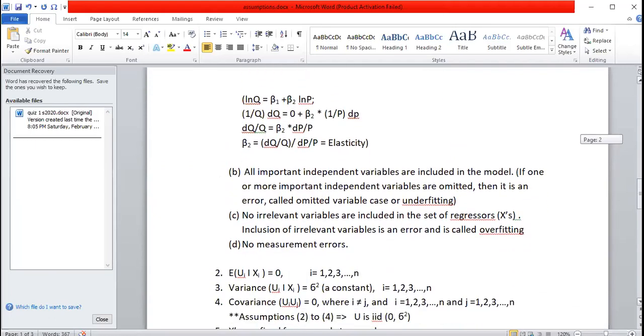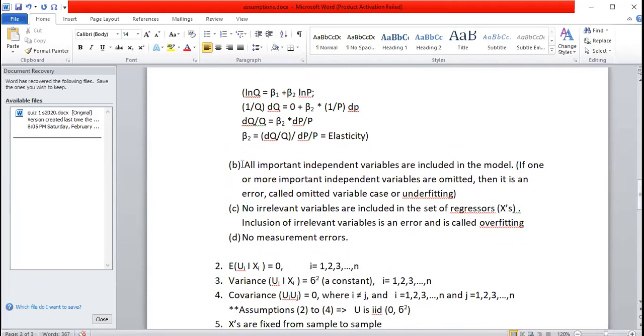Other criteria are, one, all important explanatory variables, the independent variables, you have to include in the model. I remember last year, one student was doing something like growth and religion.